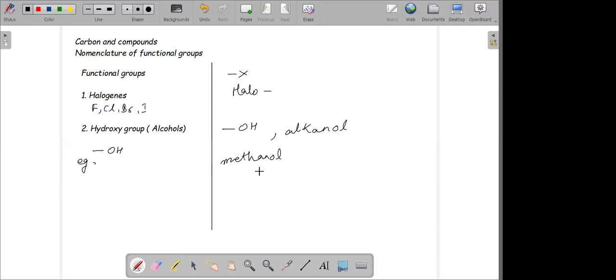Okay, what is the formula of methanol? CH3OH. Yeah, we have CH3OH as methanol.